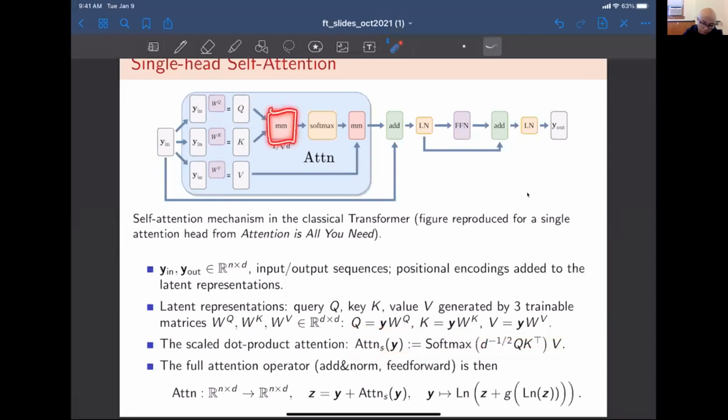After this matrix multiplication, the softmax is applied row-wise so that each row sums up to 1, and then it is multiplied with the value, so that the new value is a convex combination of the old values. And this adds a skip connection so that we can stack these layers deeper and deeper. It's like a ResNet.